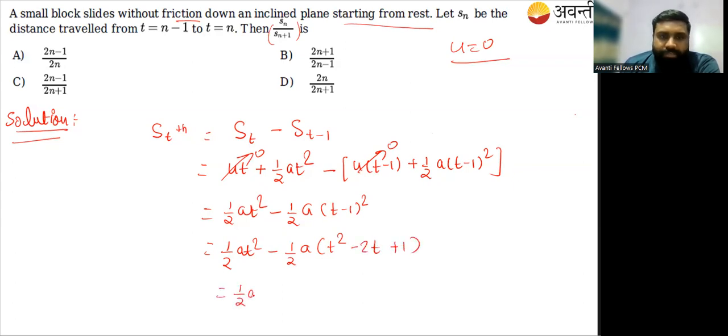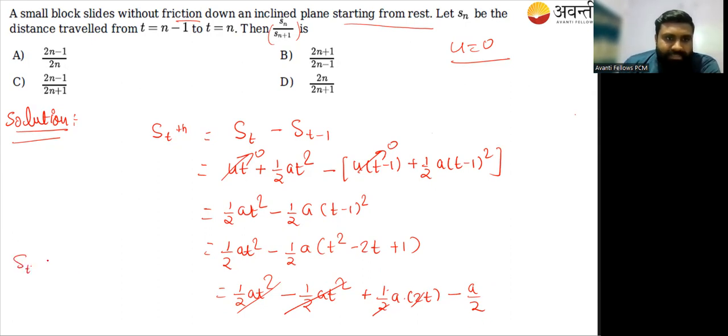Now 1 by 2 a t square minus 1 by 2 a, we will multiply this whole term inside. So it will become 1 by 2 a t square minus, focus on the sign, minus minus plus here. It will become 1 by 2 a into 2t minus a by 2, or 1 by 2 a. Same. Now this and this will cancel out also. So what you have, 2 and 2 will cancel out. You will have a t minus a by 2.